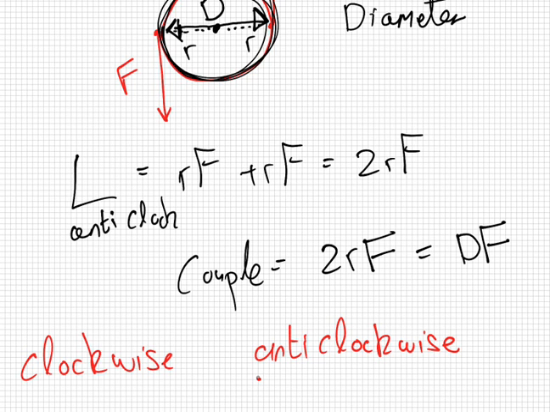Counter-clockwise. That's what they say in the US of A. So if you're watching an American lesson online or an American web page or a book or something, they might say counterclockwise.